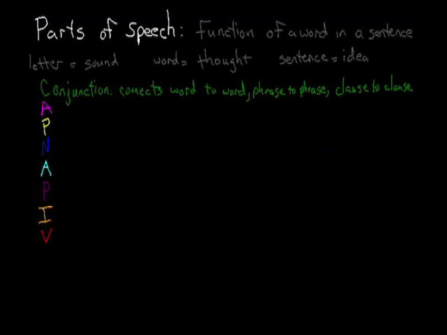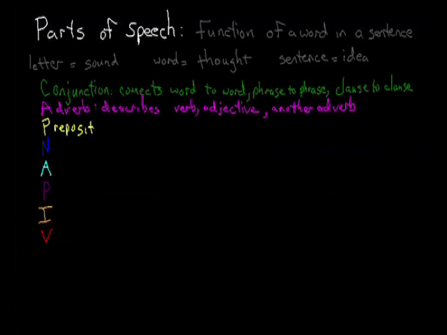The A stands for adverb, and an adverb describes a verb, an adjective, or another adverb. Adjectives and adverbs are very similar, but they have different functions. Together they describe all the words that can be modified or described.